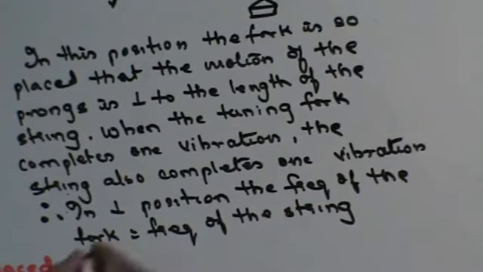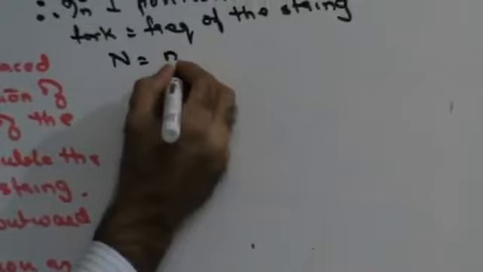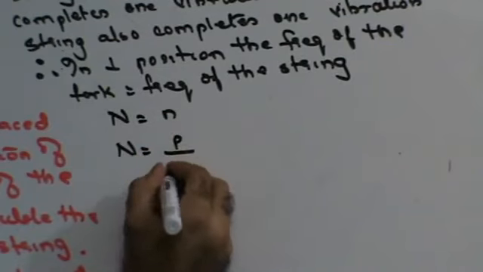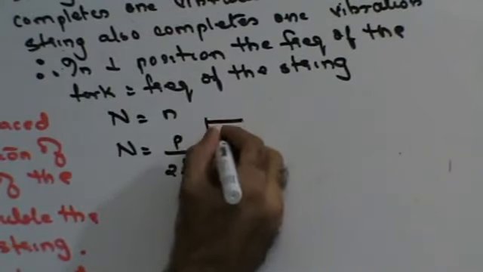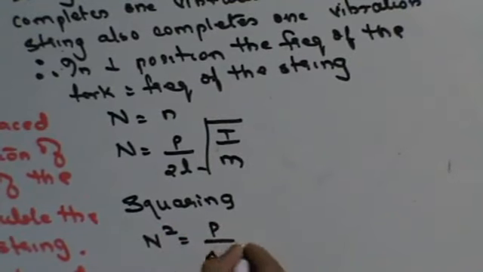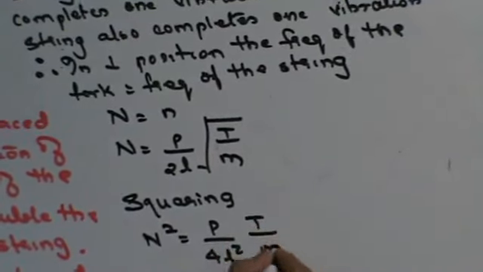In that case, I can say N is equal to N. But for Melde's experiment, N is equal to 1 upon 2L square root of T by m. Squaring both sides, I'll get N square is 1 upon 4L square T by m.